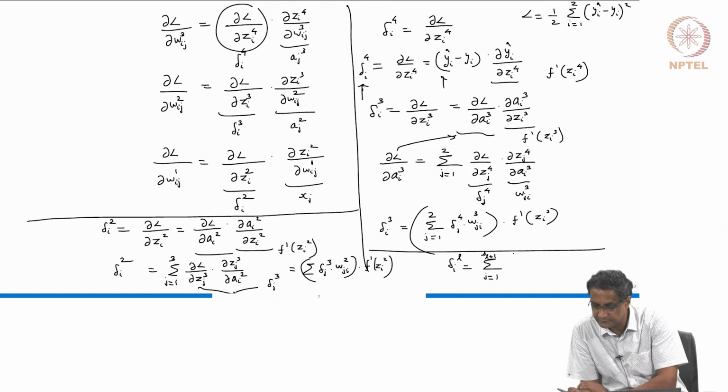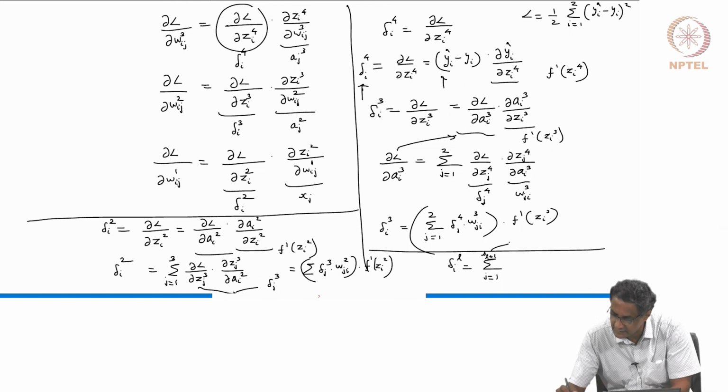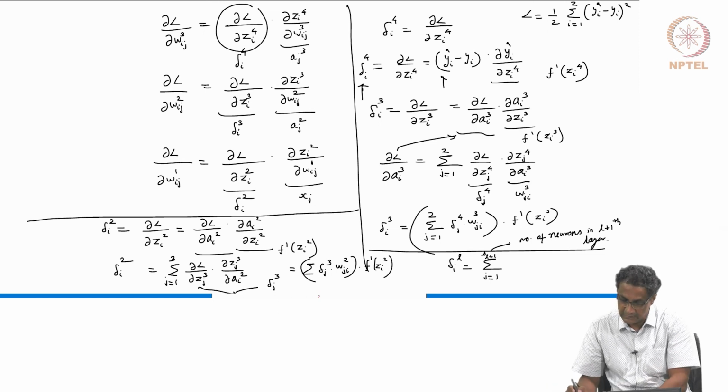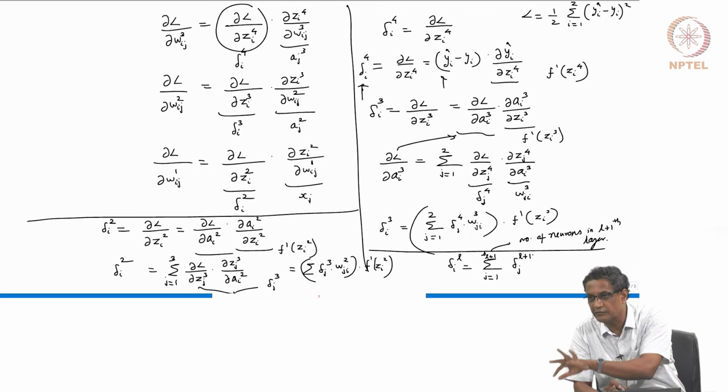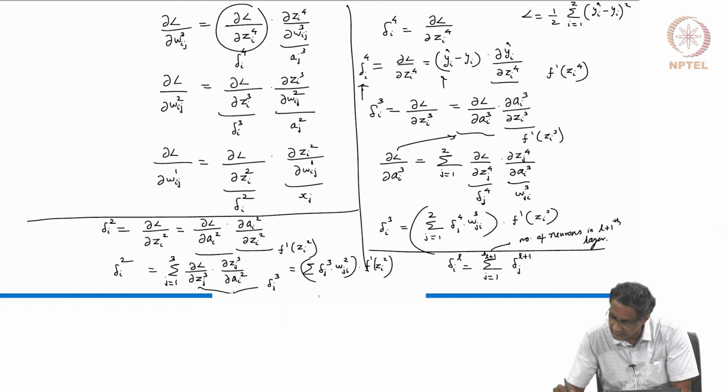What does SL plus 1 mean? It is the number of neurons in the L plus 1th layer. And then you have delta j L plus 1, just like delta I2 is the summation of delta j3. So, this becomes delta j L plus 1, then W j I L, whole thing multiplied by f dash of Z I L.